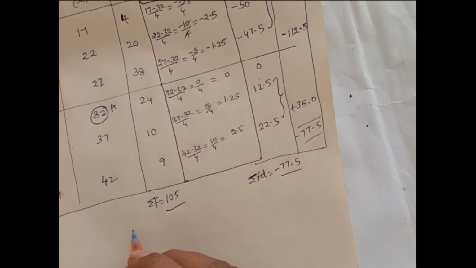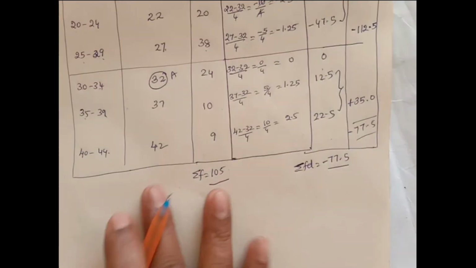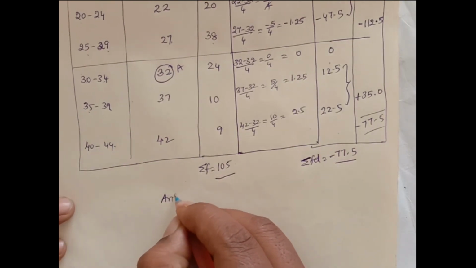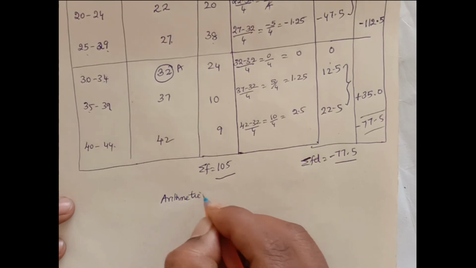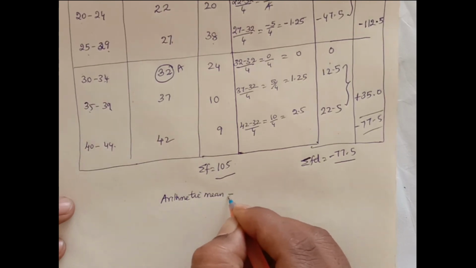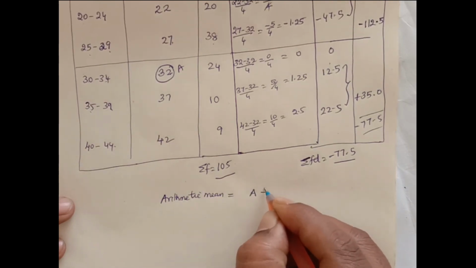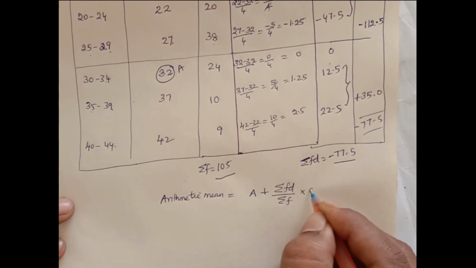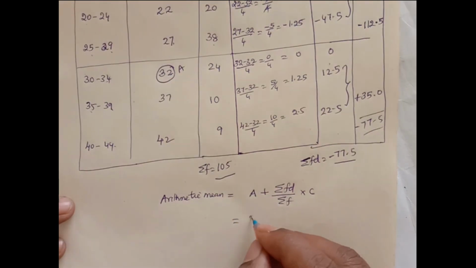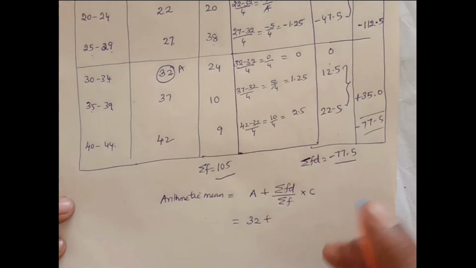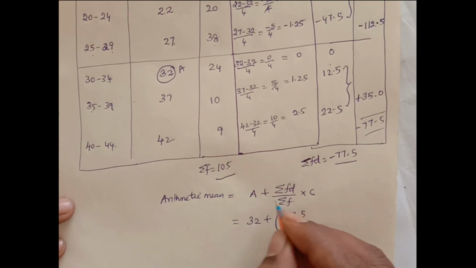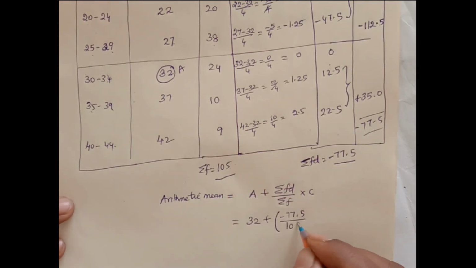What is the formula? Assumed mean, children. So the arithmetic mean is equal to, what is the formula, a plus sum of f into d by sum of f into c. A is the assumed mean, that is 32, plus sum of f into d is minus 77.5 divided by sum of f is 105 into 4.